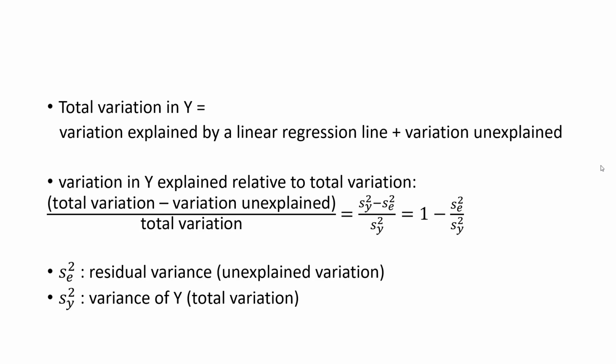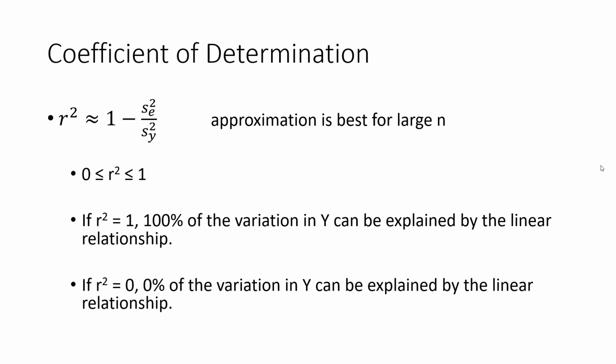If you move the unexplained variation to the left side of the equation, and divide the left side by total variation, you get the proportion of the variation explained by the linear relationship in relation to the total variation. This explained variance can be approximated by the coefficient of determination, denoted R squared, which is the square of the correlation coefficient.